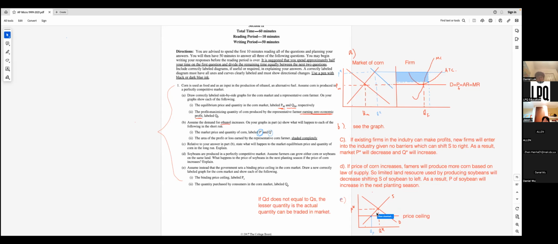They don't like price setting, right? Producers don't like price setting, so they reduce the quantity supplied. So when QD does not equal QS, the lesser quantity is the actual quantity that can be traded, purchased, exchanged in the market.